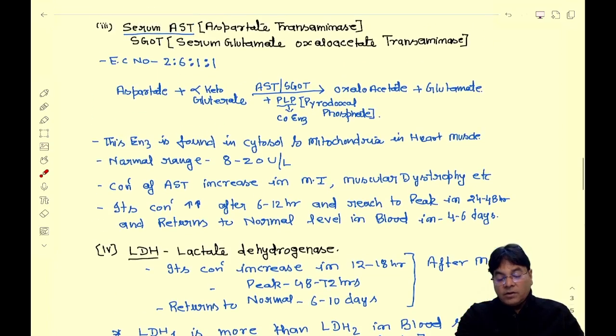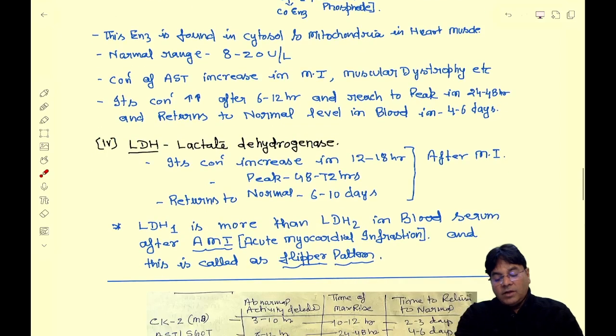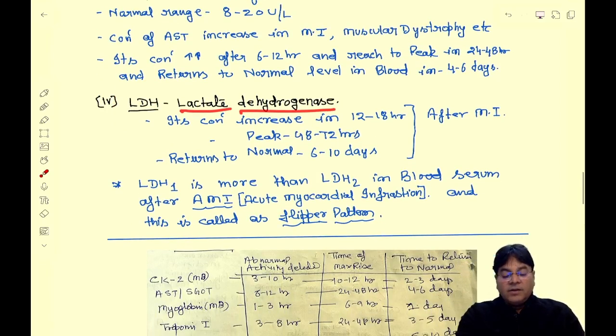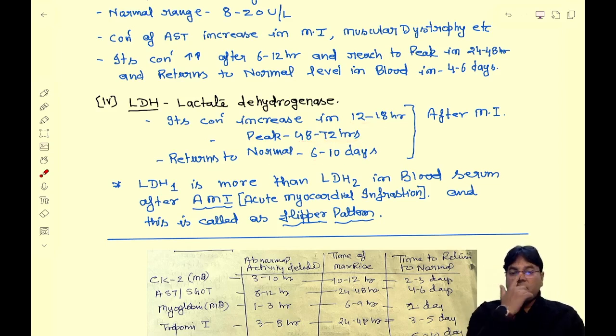Now this is all about serum AST, that is aspartate transaminase. When we speak about LDH, it is another cardiac marker, and the full form is lactate dehydrogenase. Its concentration increases 12 to 18 hours after the heart attack, and its peak in the blood serum is reached after 48 to 72 hours, and within 6 to 10 days it returns to the normal level within the serum of the blood.